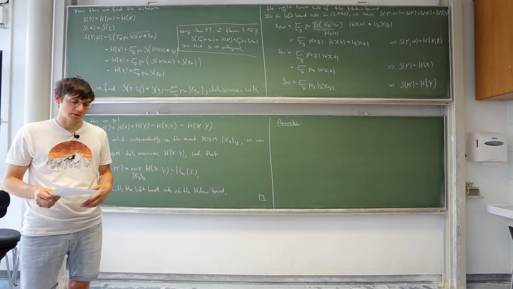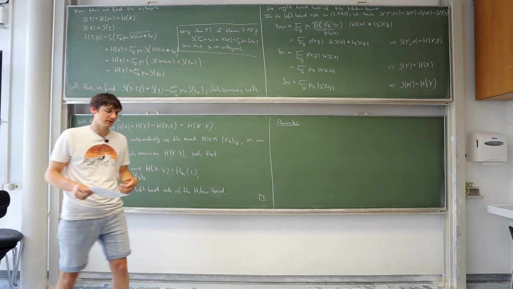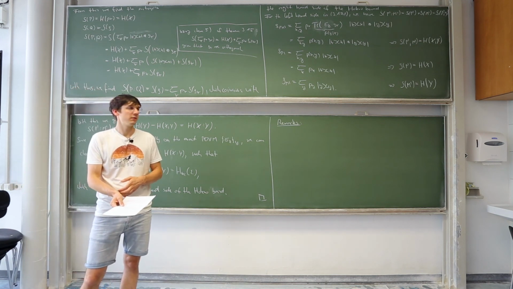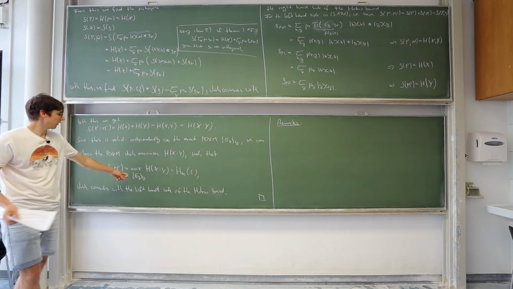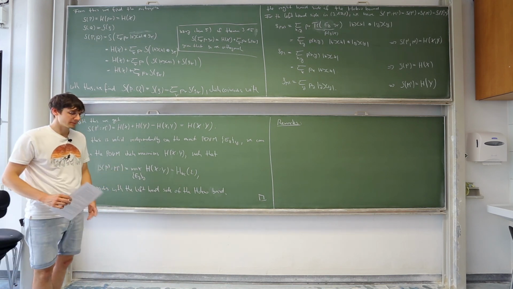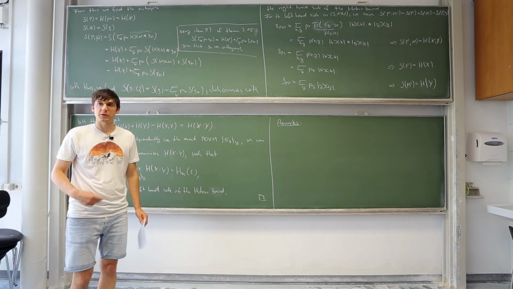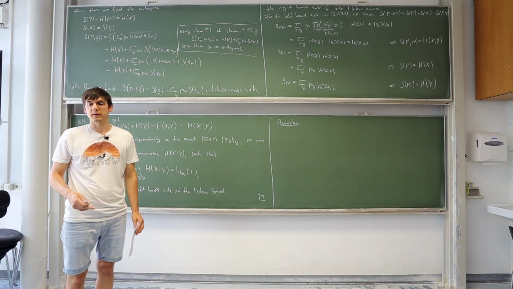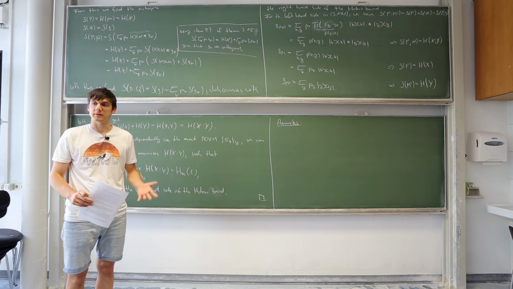As I told you before, in general, it's not easy to perform such a maximization over POVMs. And with this Holevo bound, we found now a nice expression with which we can at least say that the accessible information can be no more than this upper bound.